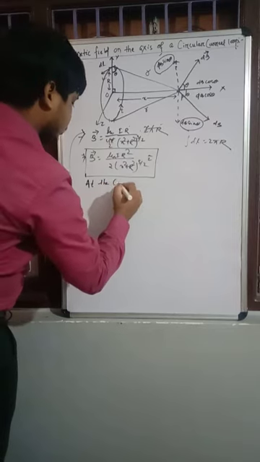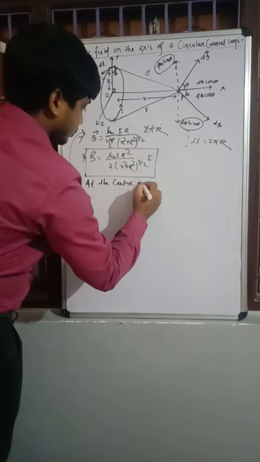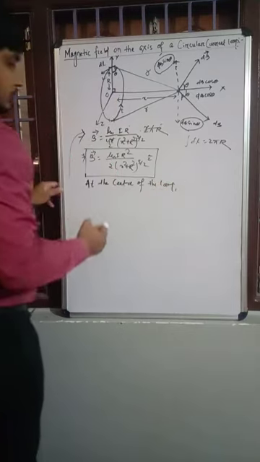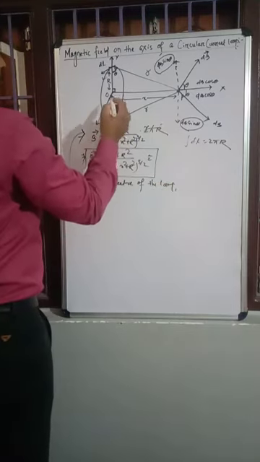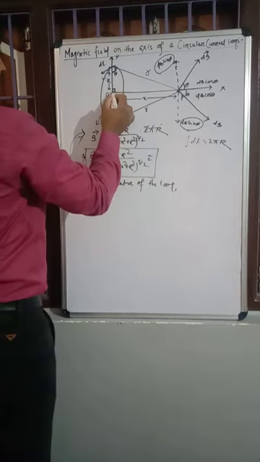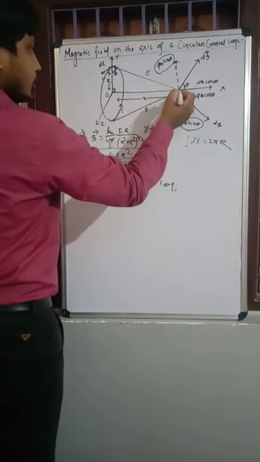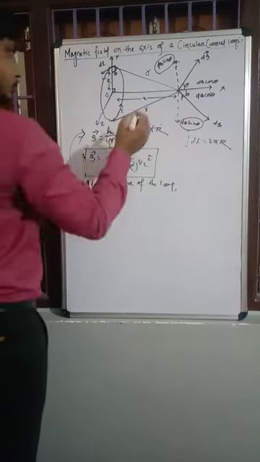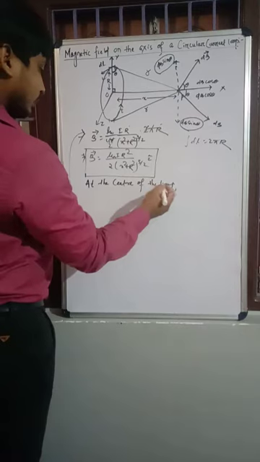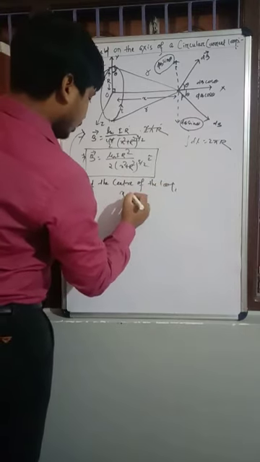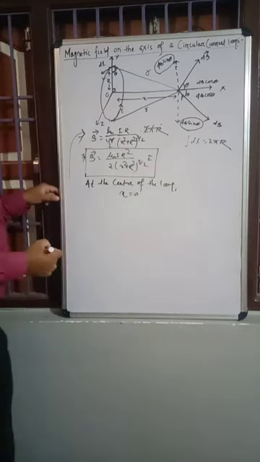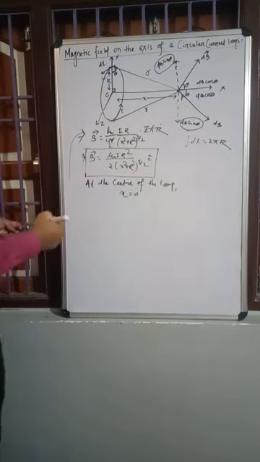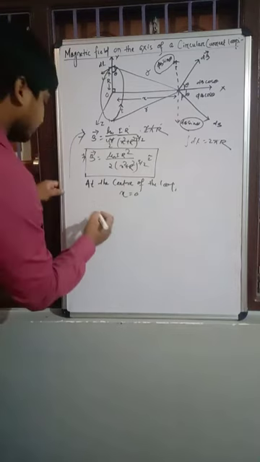If we have to find out the magnetic field at the center, that means at the point O, then we have to take this P point and move it to the point O. That means at the center of the loop our x will become 0, because the P point will be lying at the center. Then in this expression, in place of x we have to write 0.